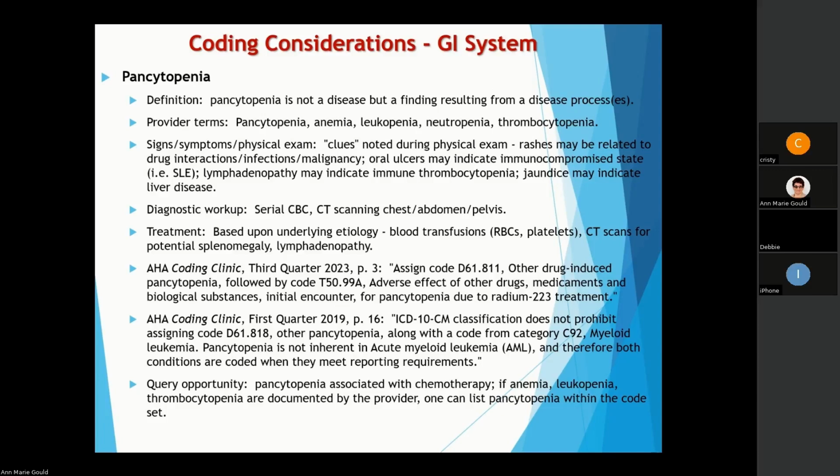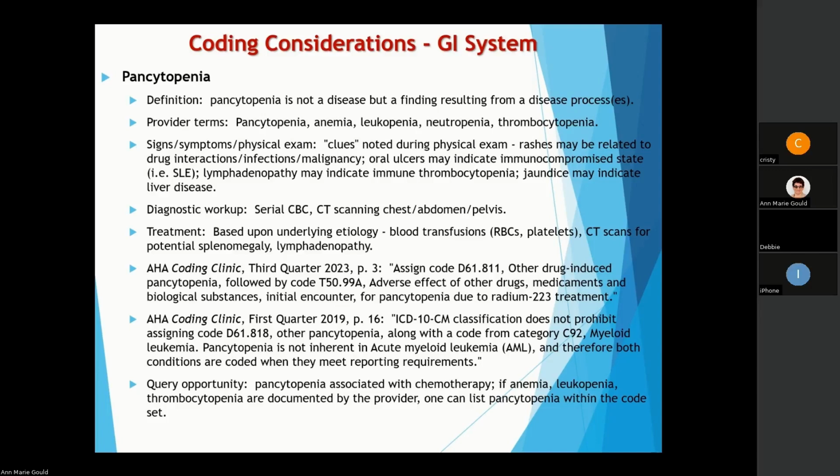They may have oral ulcers that may indicate they're immunocompromised. They may have SLE, systemic lupus erythematosus. They may even have some lymphadenopathy to indicate immune thrombocytopenia. And they may be jaundiced because they have liver disease, right?